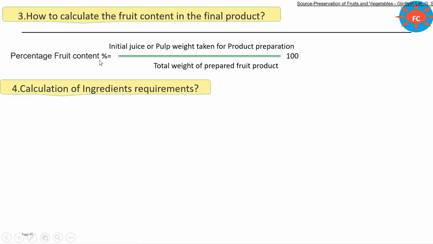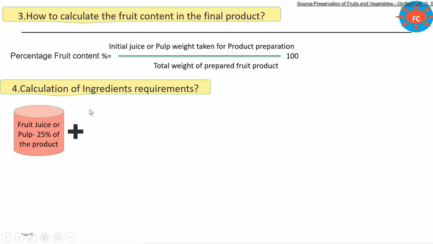For the calculation of the ingredients, we must require the initial fruit juice or pulp, its brix and acidity level. As per the initial acidity and brix, we can calculate the amount of other ingredients required.